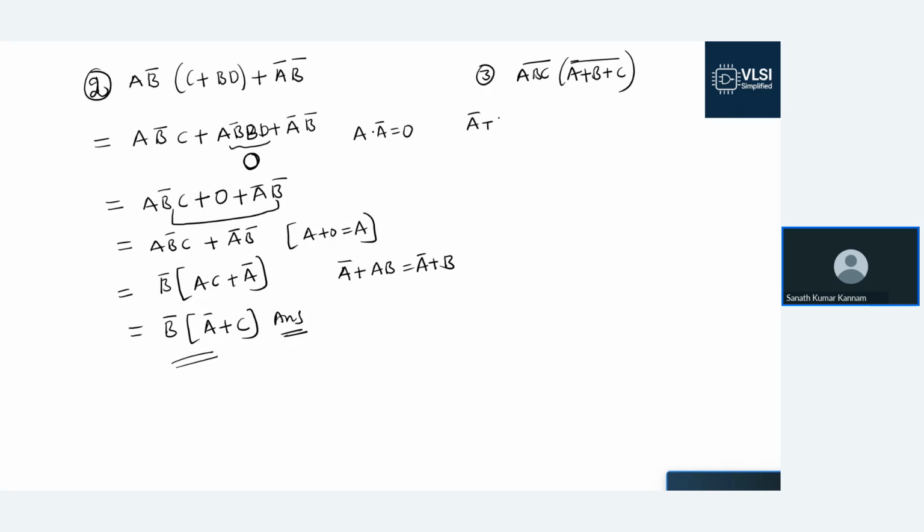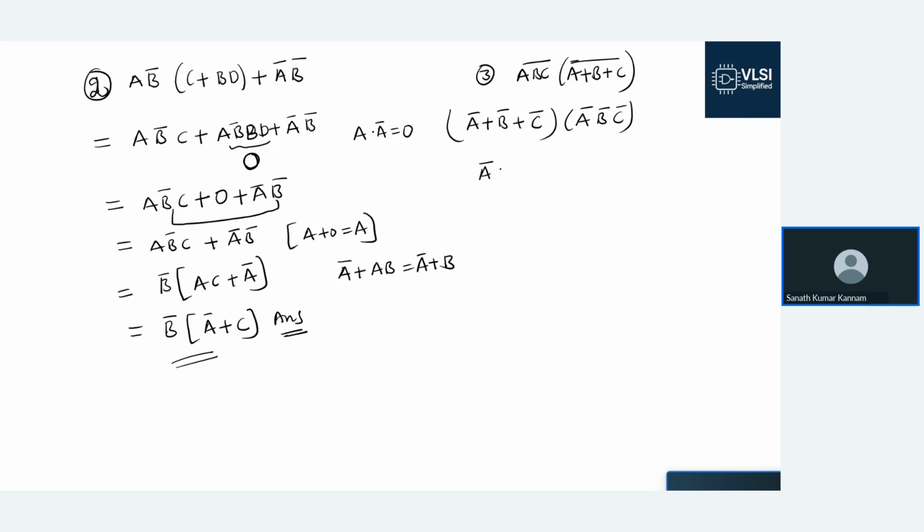A bar or B bar or C bar. Here this is A bar, B bar, C bar. So just AND will change to OR and OR will change to AND, and the complement will come to each and every variable. Okay. So next you multiply.